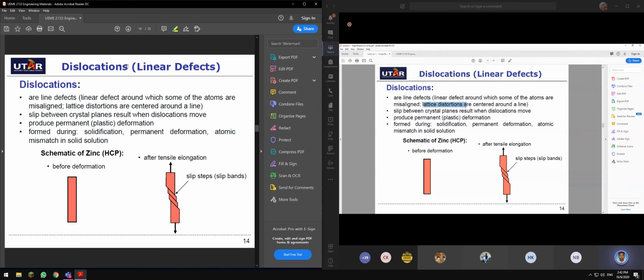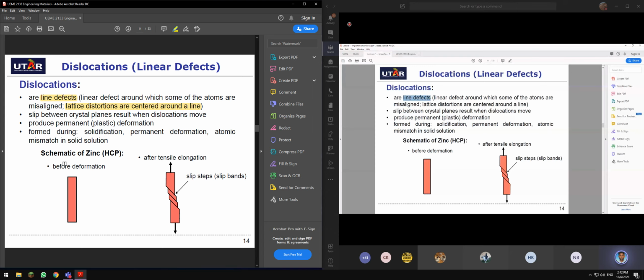Lattice distortions are centered around the line. So everything is misaligned. The keyword is line defects.